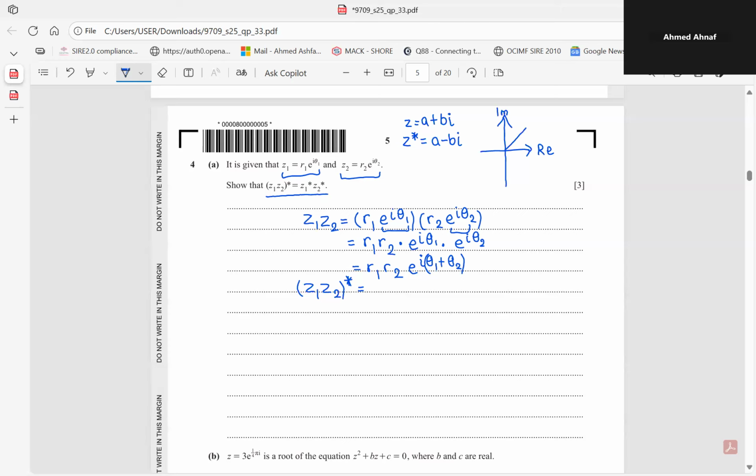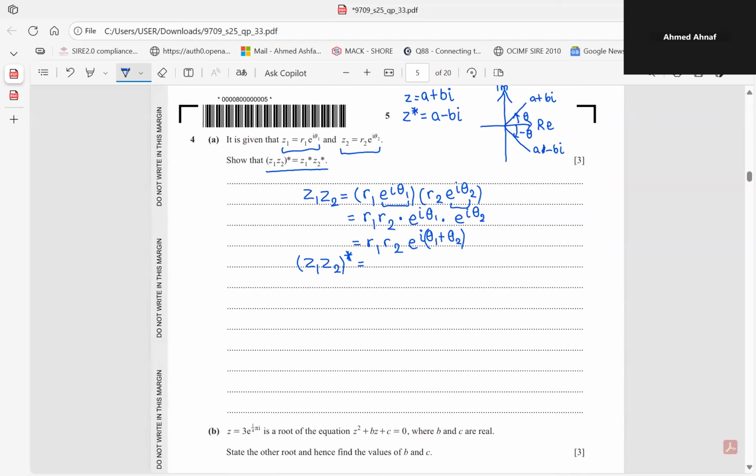We'll let this be a plus bi. By logic, we can say that a minus bi would be here. And the argument of a plus bi, let it be theta. We can clearly see that the argument of a minus bi is minus theta.